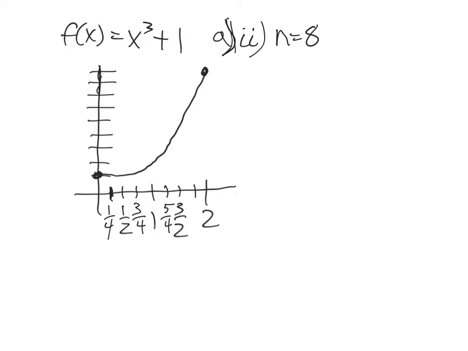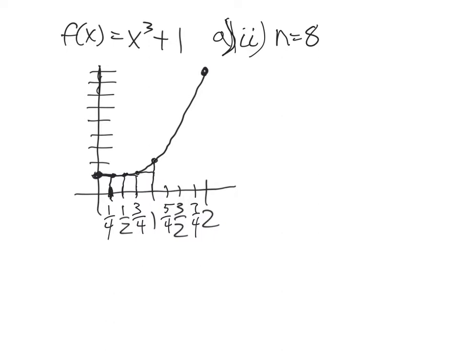5/4, 3/2, 7/4, and 2. But as we look at this, now my graph isn't going to do this justice, but again, using left endpoints, here we'll finally start to see a little difference.